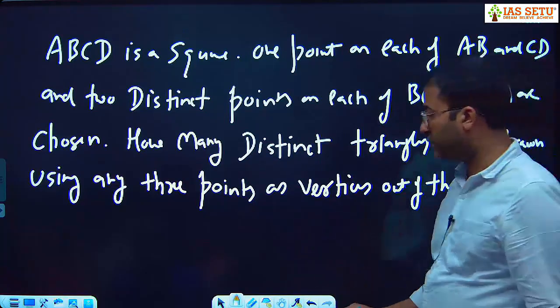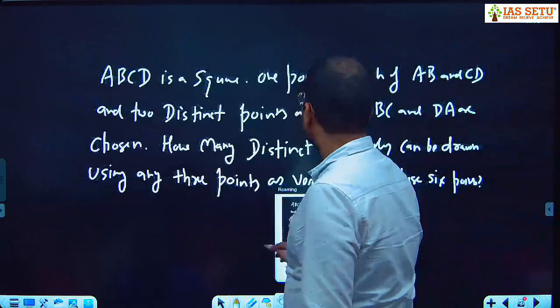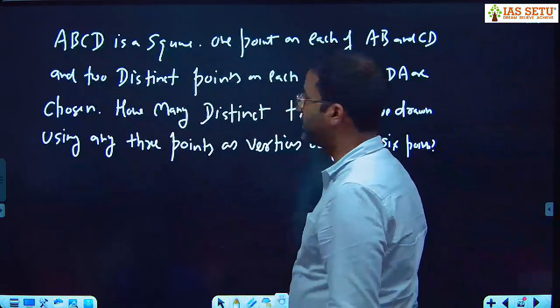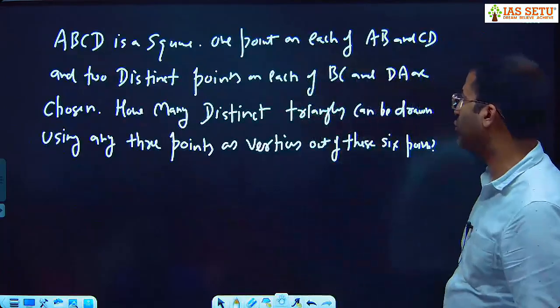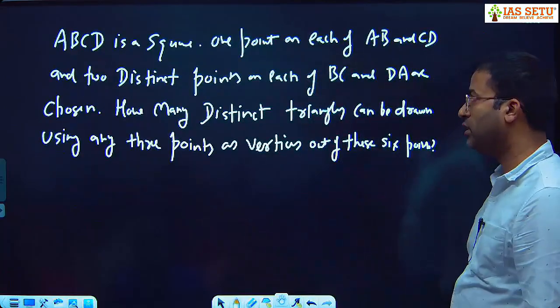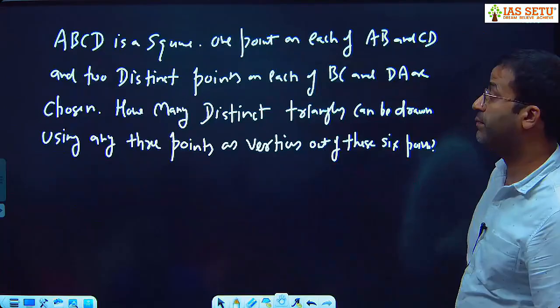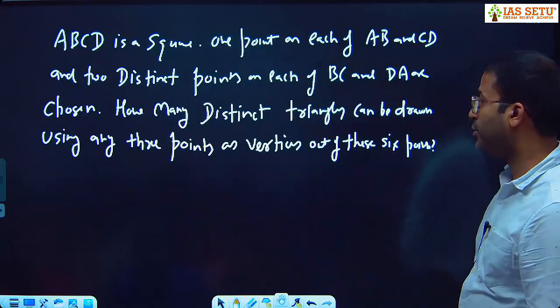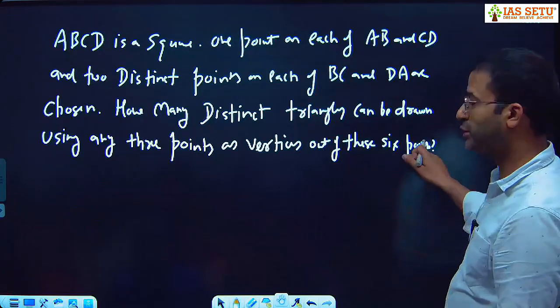ABCD is a square. 1 point on each of AB and CD and 2 distinct points on each of BC and DA are chosen. How many distinct triangles can be drawn using any 3 points as vertices out of these 6 points?